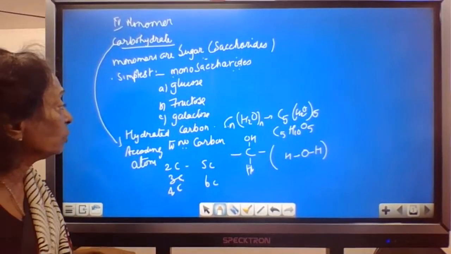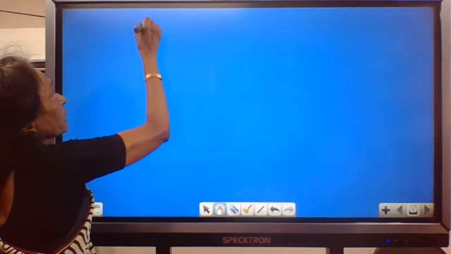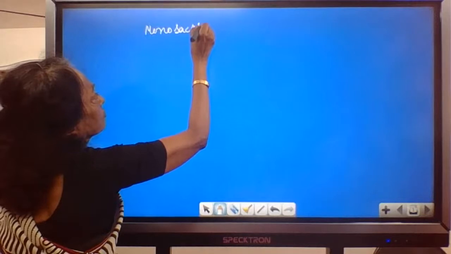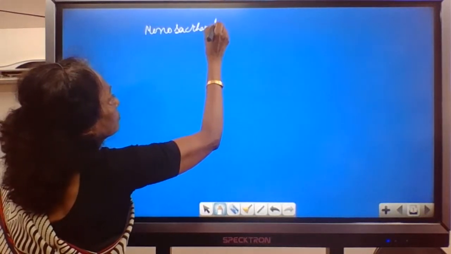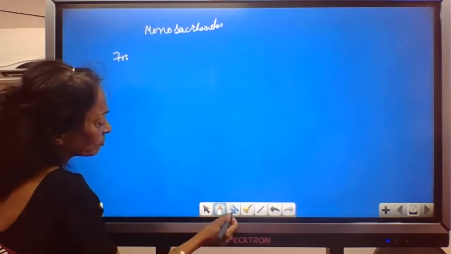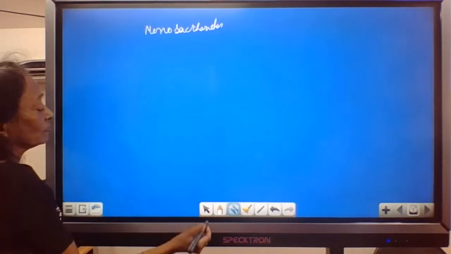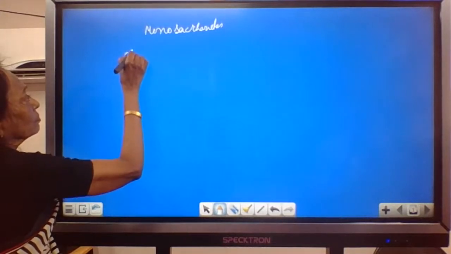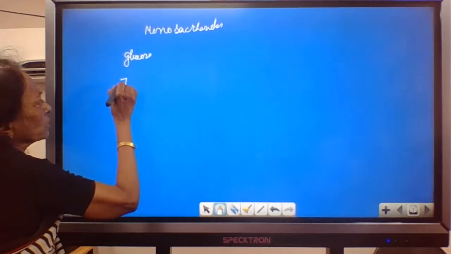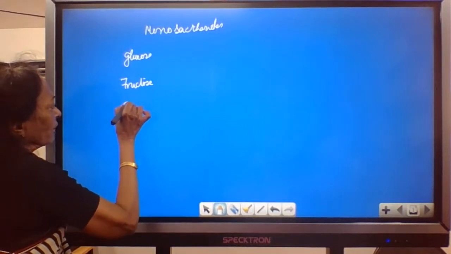Next, we will go to the monosaccharides. So there are 3 monosaccharides: glucose, fructose, and galactose.